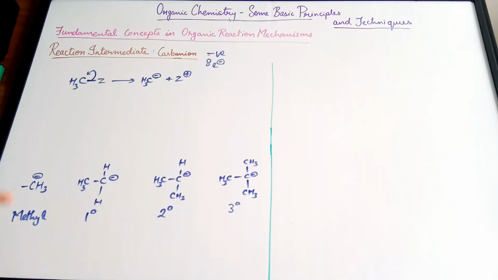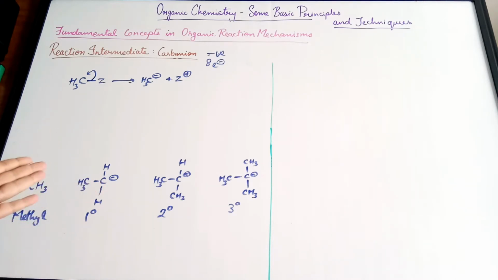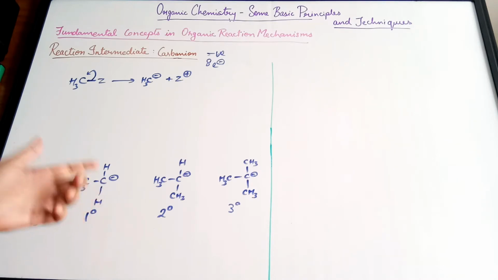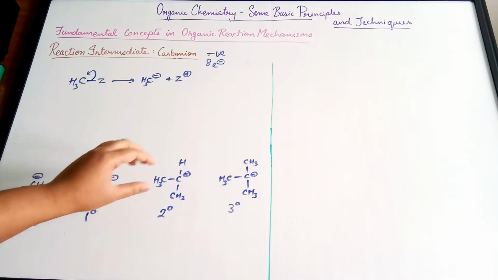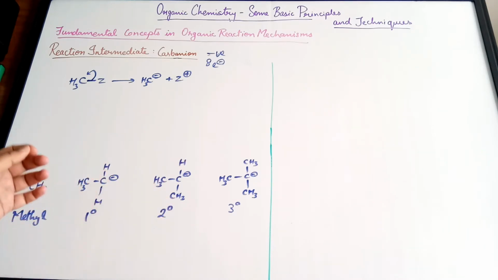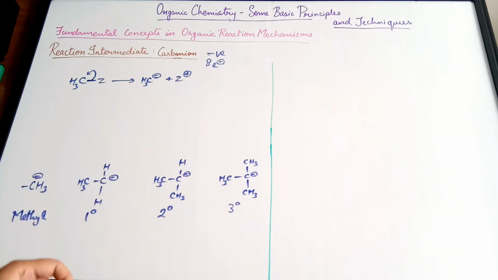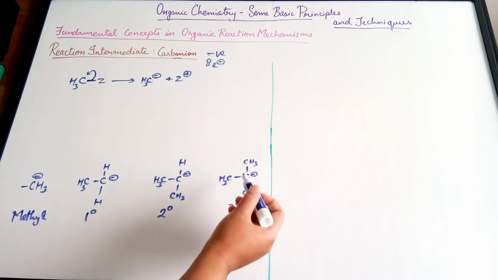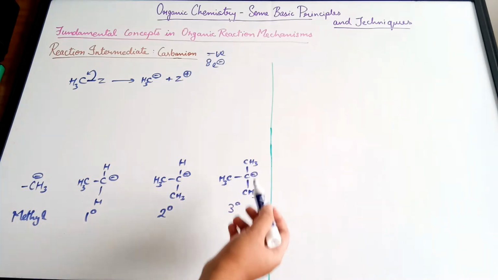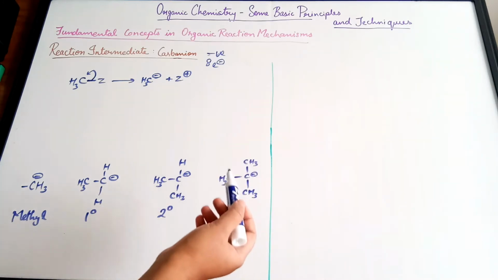On the other hand, in the case of a carbanion, the carbon is having a negative charge, and if it is surrounded by electron releasing groups like CH3, then obviously the stability of the carbanion is going to decrease. This is because there are 3 CH3 groups giving electrons in this case, so the negative charge is going to increase on the already negatively charged carbon atom.